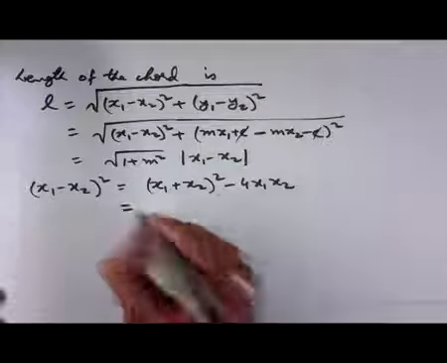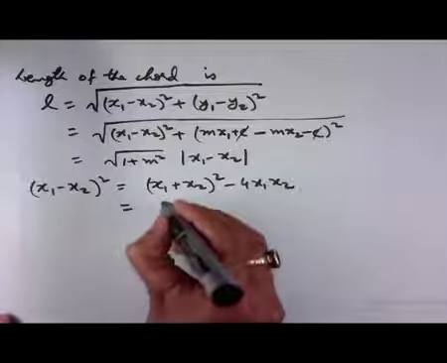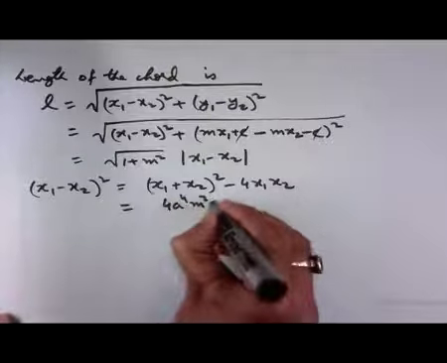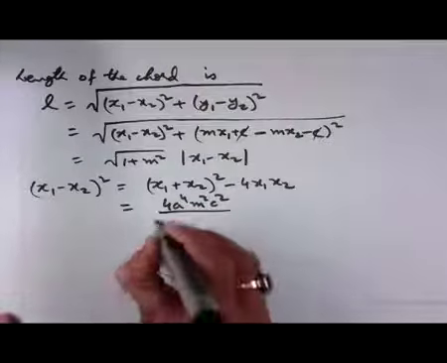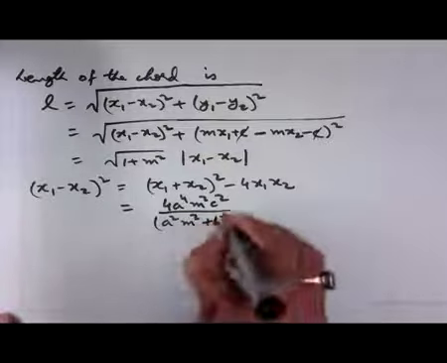So, if you substitute the value of x1 plus x2 and x1 x2, this gives 4 a to the 4 m square c square divided by (a square m square plus b square) squared.